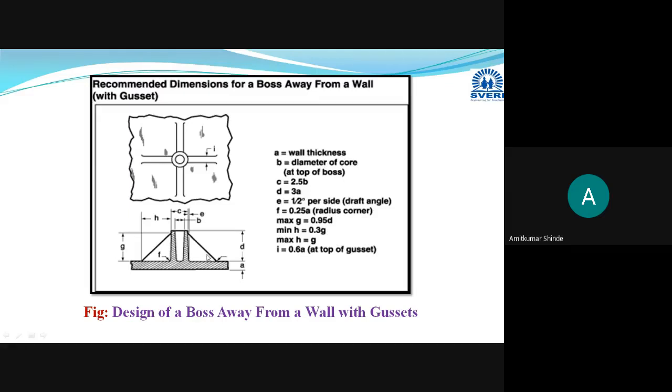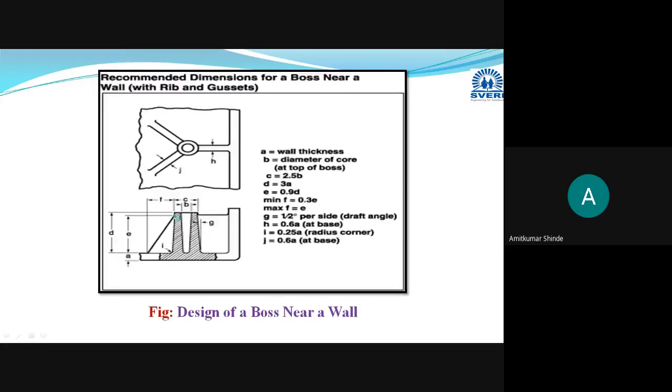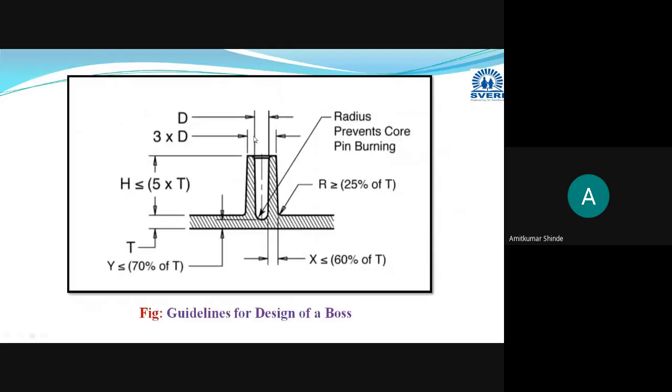and the thickness of this gusset will generally be 60% of the wall thickness. 60% of the wall thickness, and then the inside diameter, outside diameter, you have to provide by following those guidelines. Okay, here I have explained the inside diameter, outside diameter.